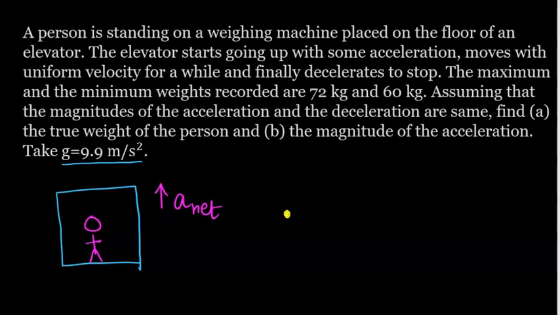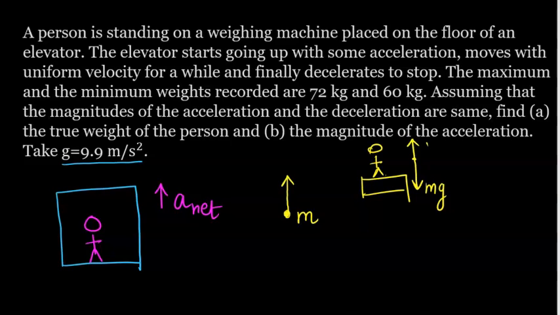This is the point mass, that is the person of mass m, which is not known to us. Now the person is standing on a weighing balance. The downward force due to gravity is mg, and the upward force is due to the surface.